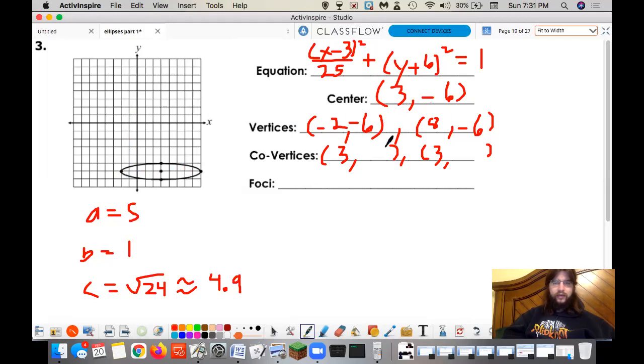Co-vertices, same thing. So we're going to take negative 6 plus 1, and minus 1. For the foci, again, it's on the major axis, so the y value will not change in this case.